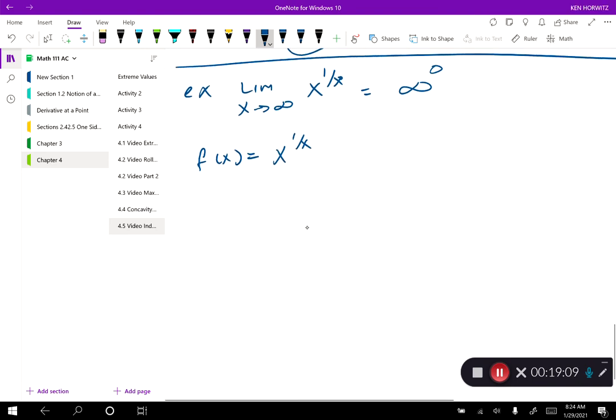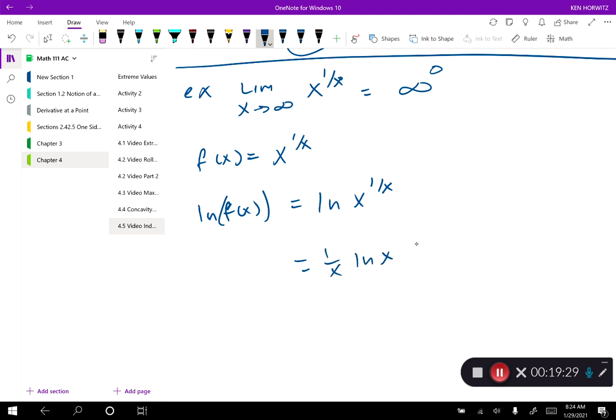If I took the natural log of both sides, so I said ln of f of x equals ln of x to the 1 over x. I could then use my log rules to say, like that, ln x over x. Does that make sense? Hope so.